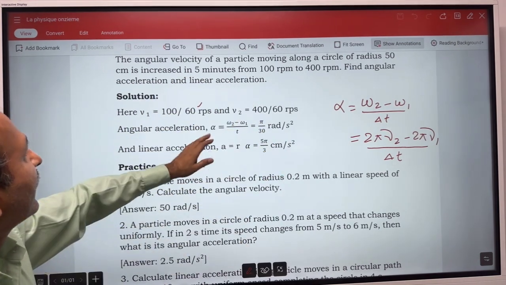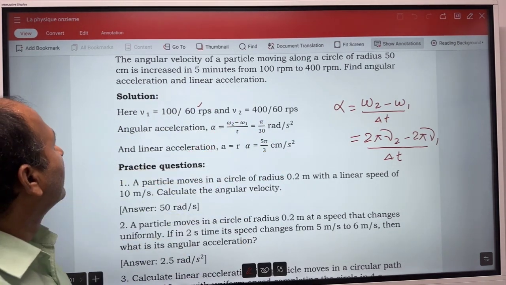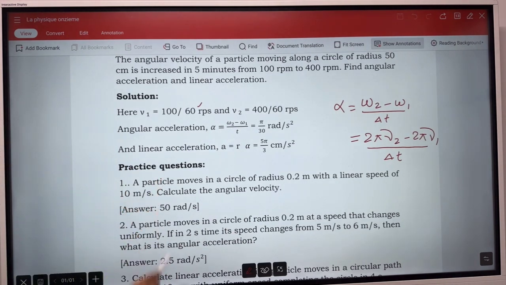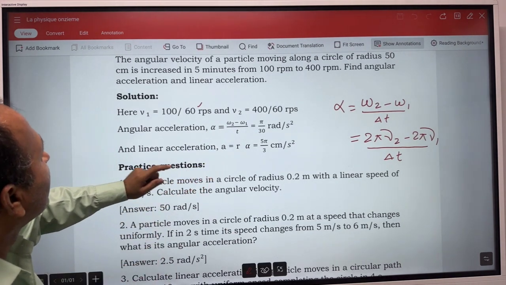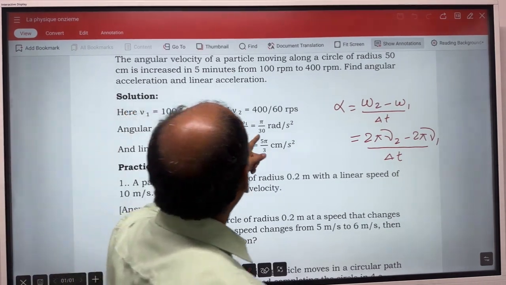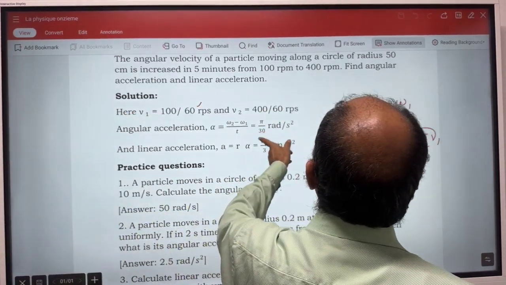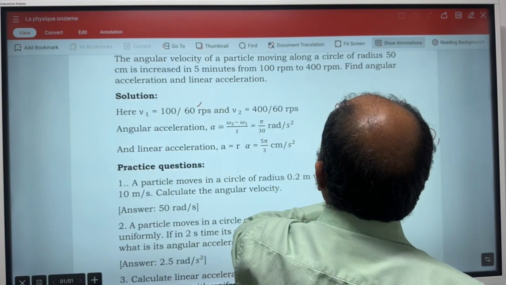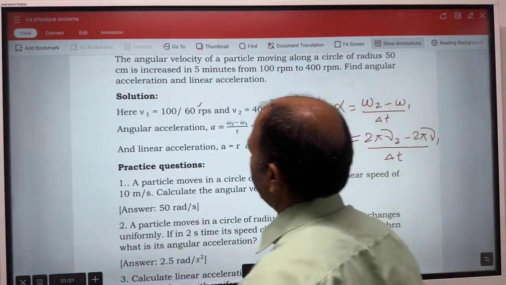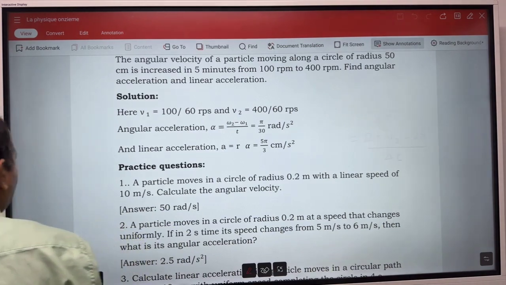So we can get the value of alpha. Then we need the linear acceleration. A equal to R alpha. The radius is given as 50 centimeter, so you multiply by this value and you will get the answer in centimeter per second squared. I think you have understood.